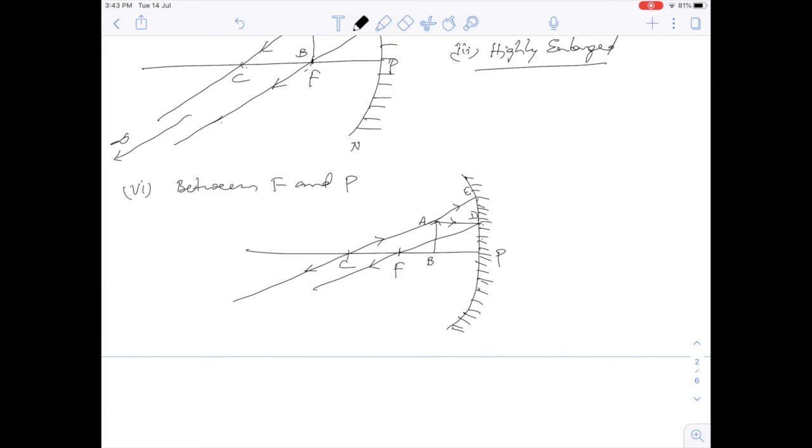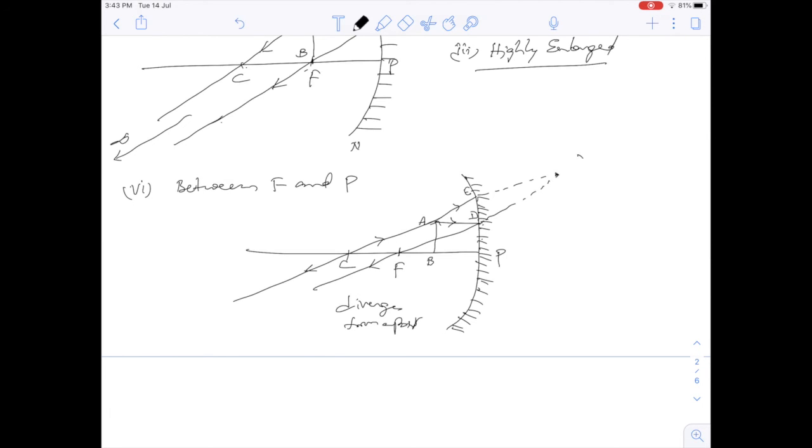Now when you see, these two will appear to come from this point, which means when they are produced backwards, they are meeting at this point. That means they appear to diverge from a point.